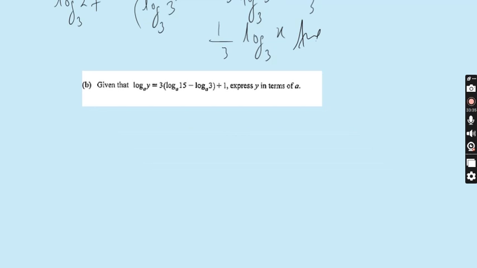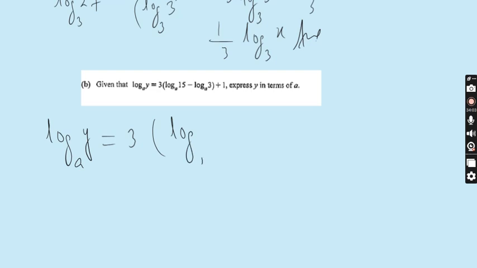Next part is, given that log base a of y is equal to 3 log base a of 5 minus log base a of 3 plus log base a of 15, express y in terms of a. Very easy. Log base a of y is equal to 3 log base a of 5.